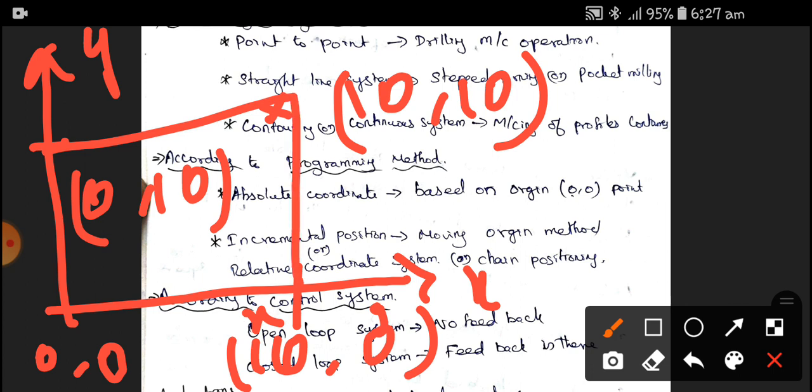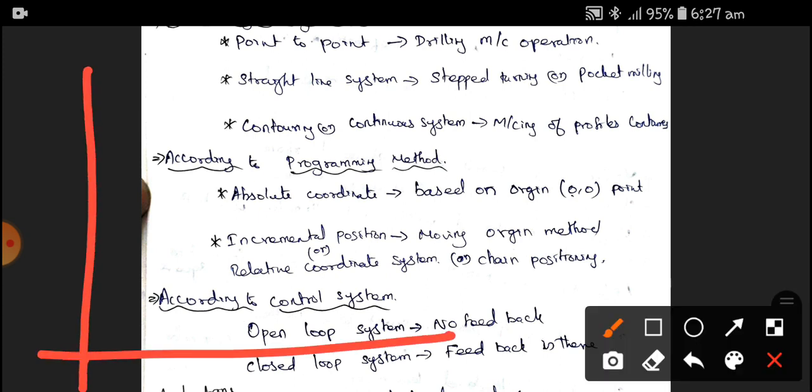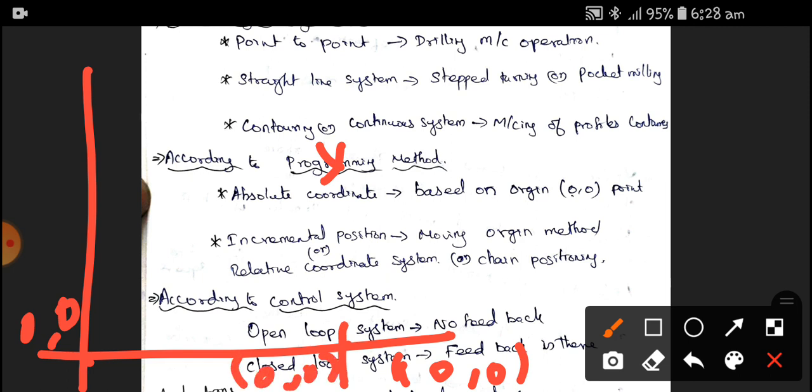This is the absolute coordinate system, whereas the incremental coordinate system works like this. If this is my origin 0 comma 0 and I want to move to this point, it is 10 comma 0. Moving from here to here, this 10 comma 0 becomes 0 comma 0 again. To move in a straight line here, 0 comma 10 is my position.